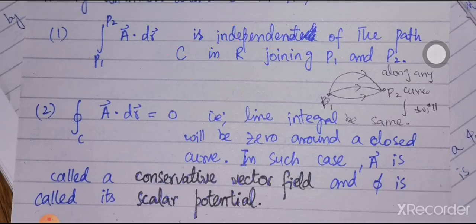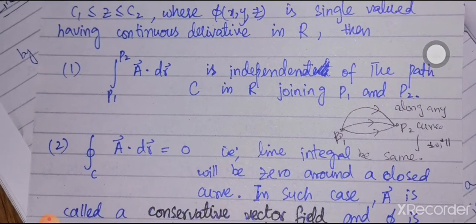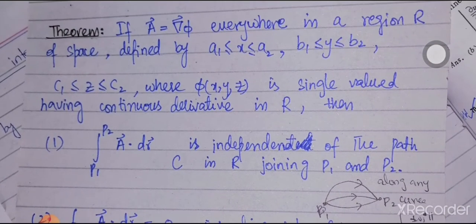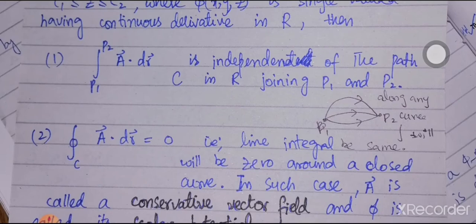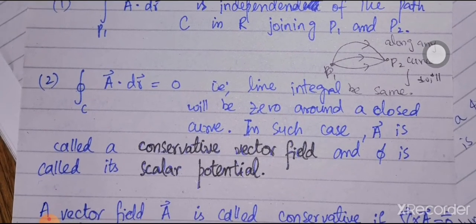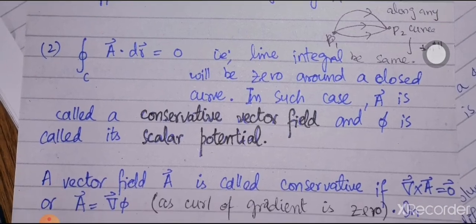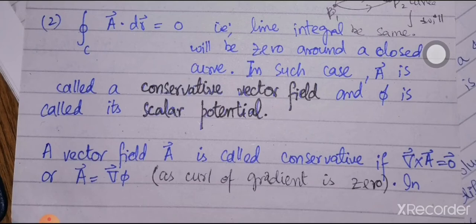That's why whenever we have the integral from p1 to p2 of A dot dr independent of the path, that is A is equal to del of phi, then A dot dr along a closed curve C will be 0, and in such a case A is named as a conservative vector field and phi is named as the scalar potential. Vector field A is called conservative if del cross A is equal to 0 or A is equal to del of phi.